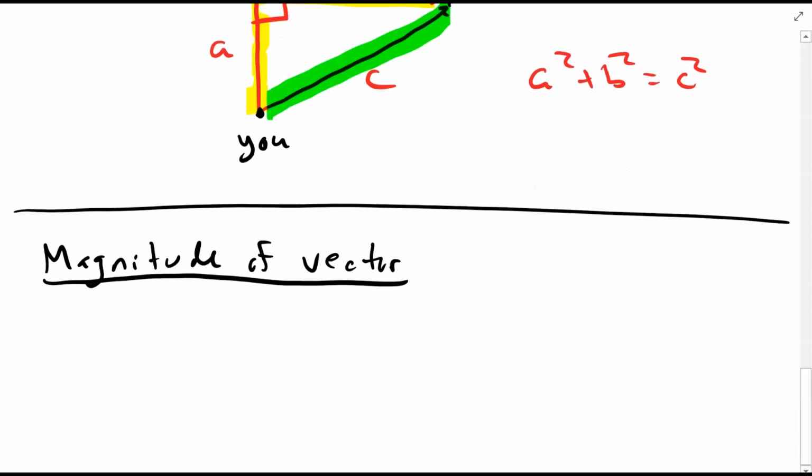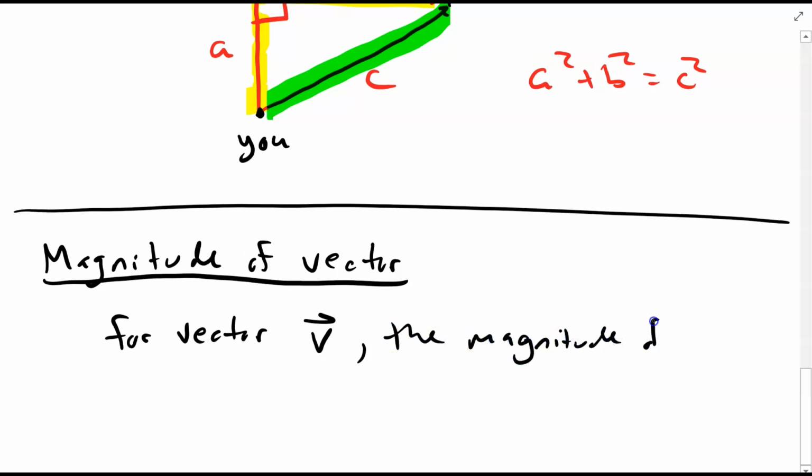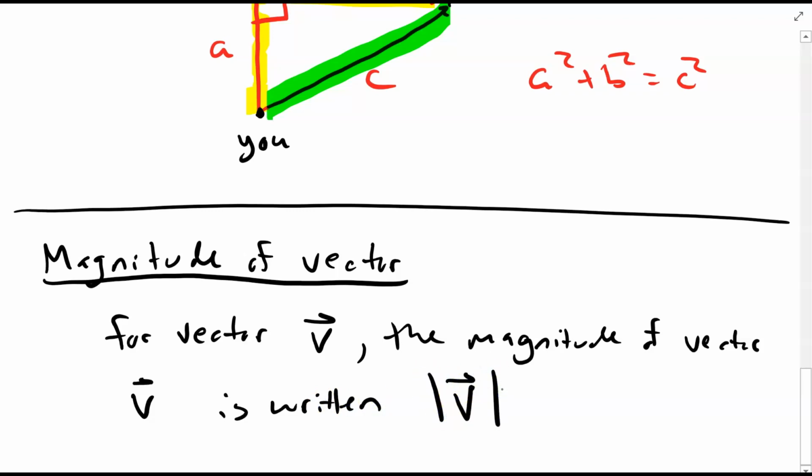So the notation that we're going to use to represent the magnitude of the vector, so for vector v, the magnitude of vector v is written as that.